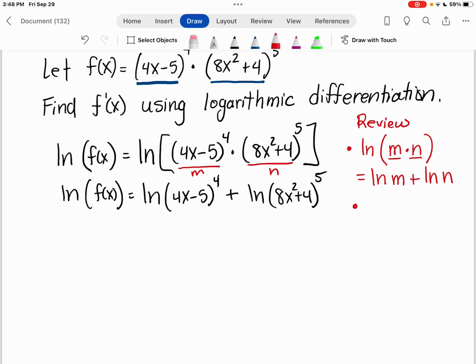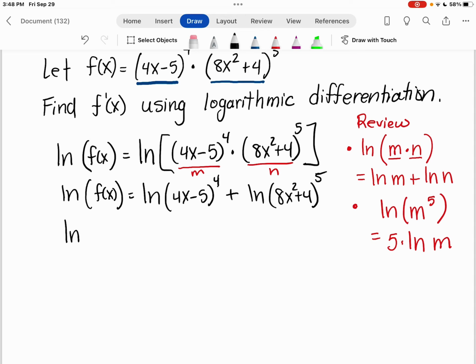Now, a second property that we're going to use here: if I have the natural log of, say, m to the 5th, I can rewrite that by bringing the 5 down in front, as 5 times the natural log of m. So I'm going to use that here with the 4 and the 5 and the exponent.